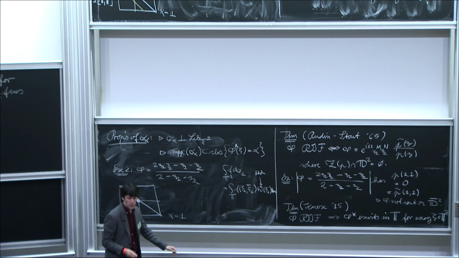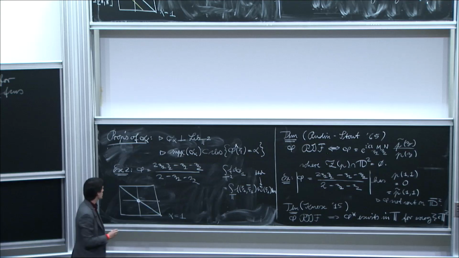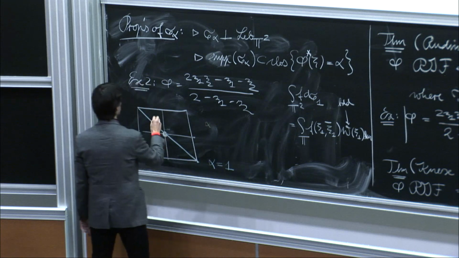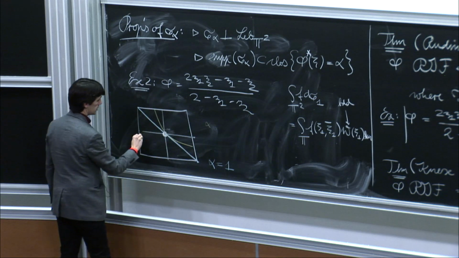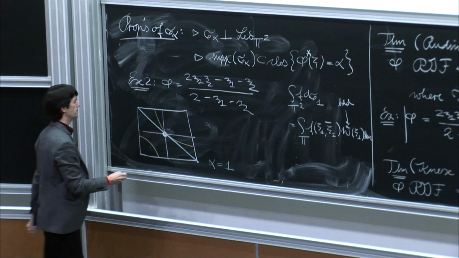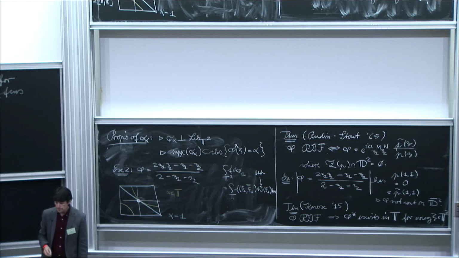Without telling you exactly what the density looks like, if you pick some generic alpha, you're going to see something that is supported on a curve that looks like this. And you can compute what the measure is.